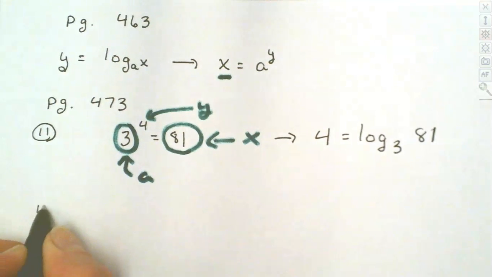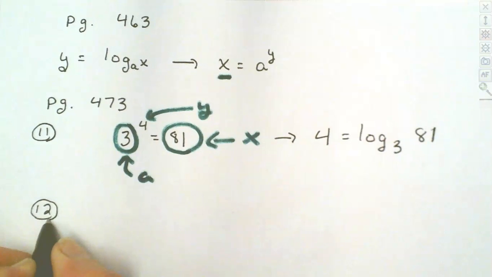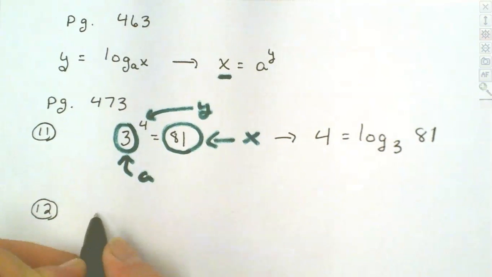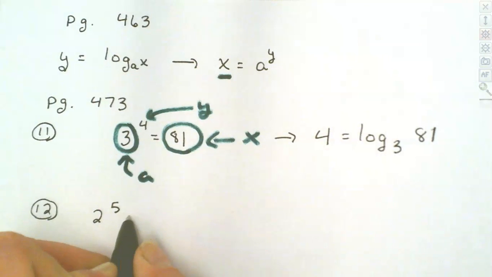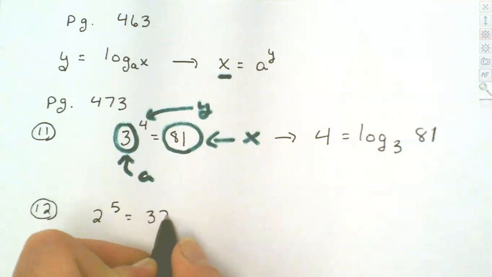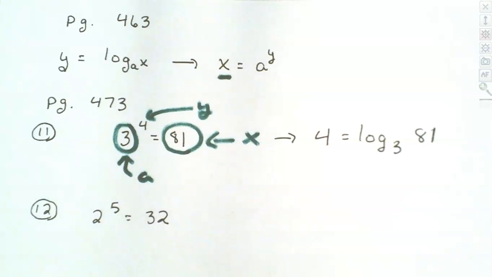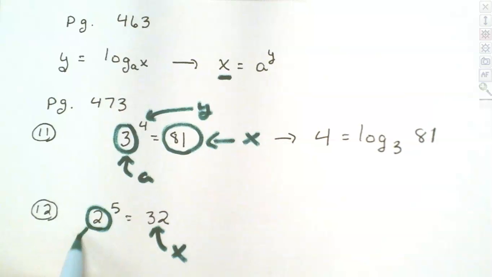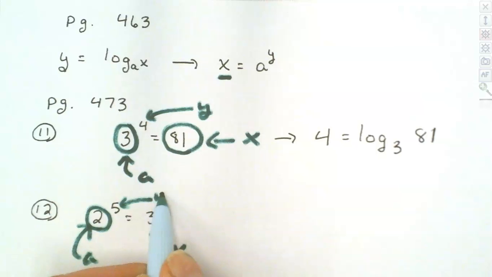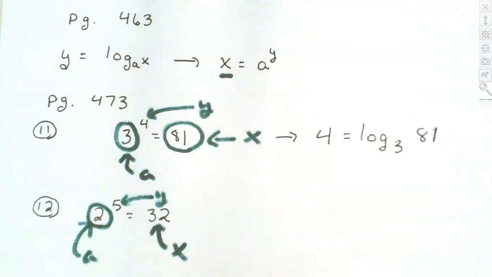So question 12 is very, very similar. Question 12 is 2 to the 5th power equals 32. So let's identify our parts first. The number by itself is the x. 2 is your base, so that's your a. And the 5 is the y. And what does that look like when we convert it?